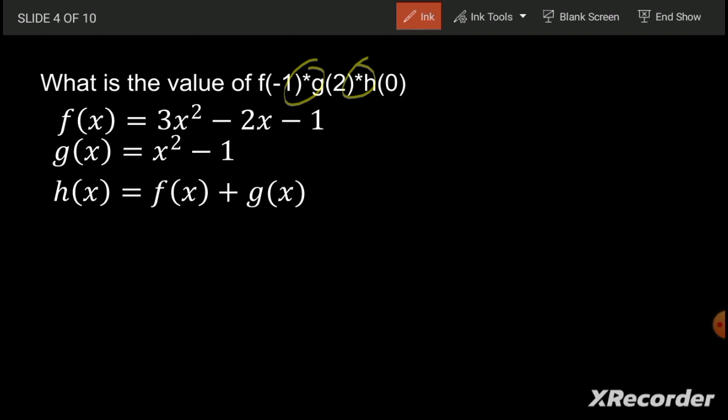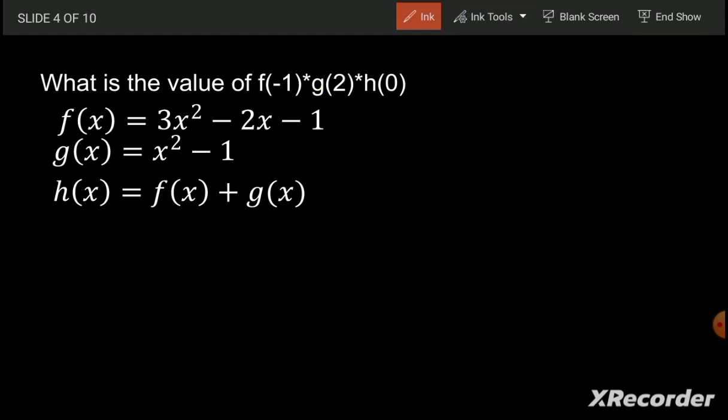So aside from the times sign, we can also represent multiplication by an asterisk. So for f of negative 1, we have to get the value from this function f of x. So f of negative 1 is equal to 3x squared, but x is negative 1 squared.